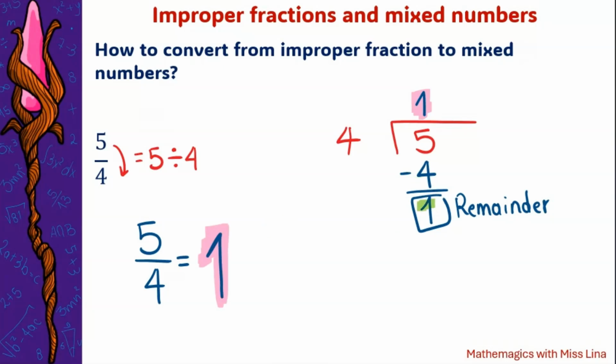At the top is going to be the remainder, which in this case is also 1. And over, we are always going to have the same divisor here. So the same denominator as the beginning, 4. That's another way where you could convert from improper fraction to mixed numbers.